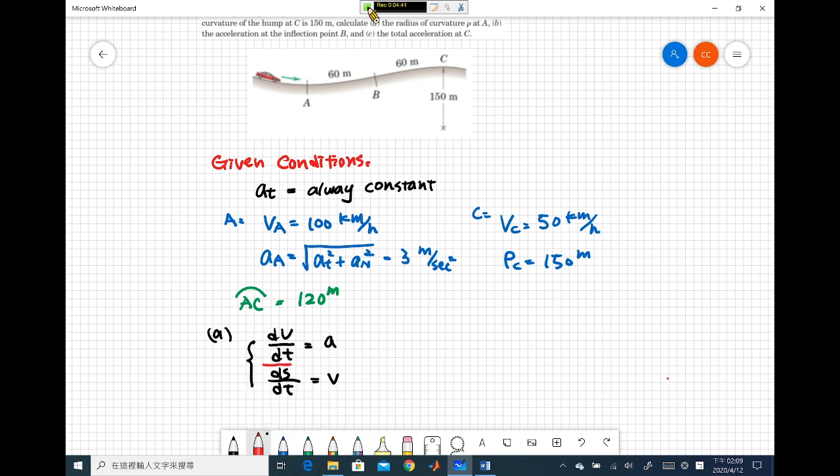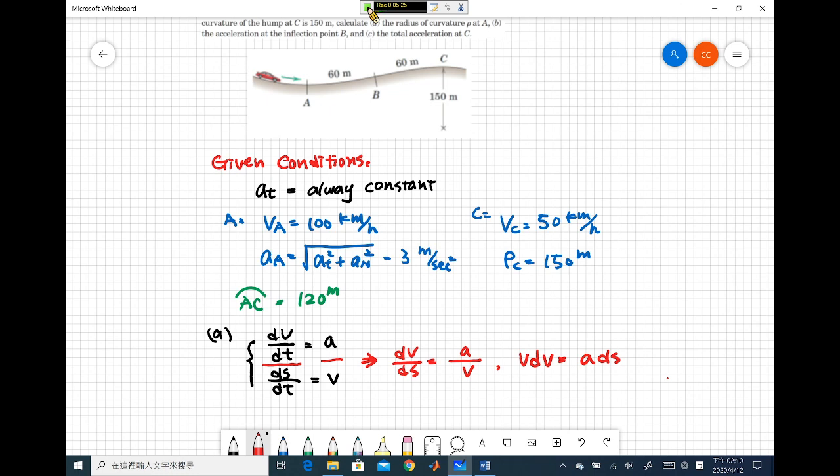You use equation 1 divided by equation 2, the left-hand side of equation 1 divided by the left-hand side of equation 2. So you can quickly derive dv over ds will be equal to a divided by v. You move things around, then you have v times dv will be equal to a times ds.